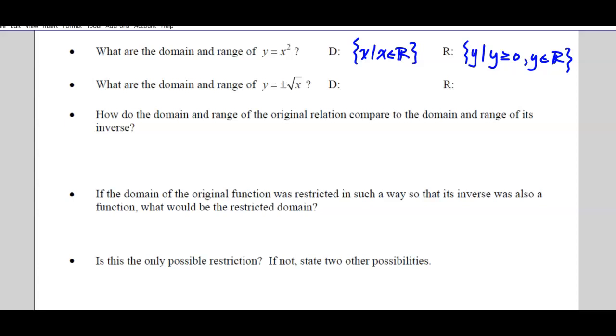So for the inverse, you interchange them. Or look at your graph. The range of the original is the range of the inverse.